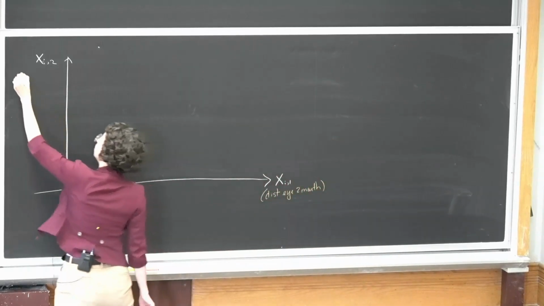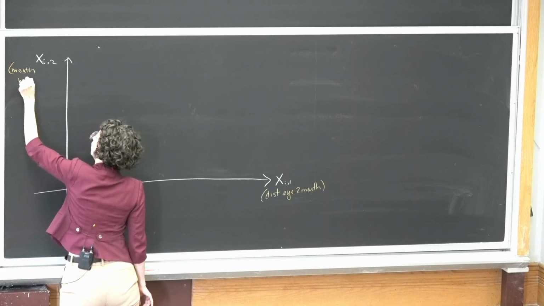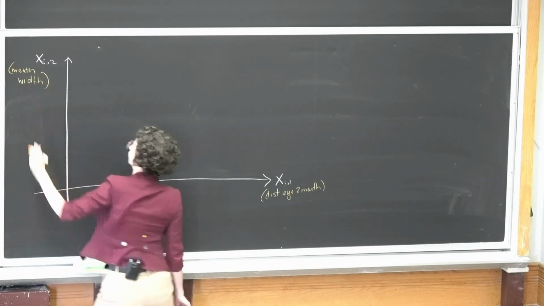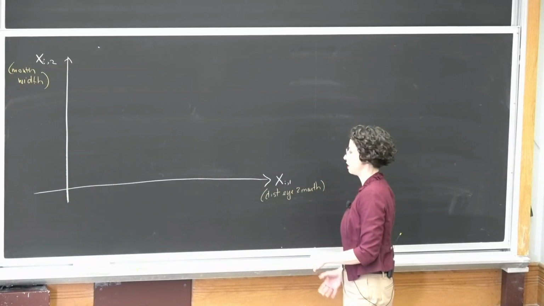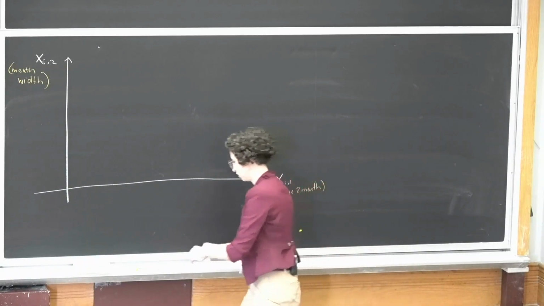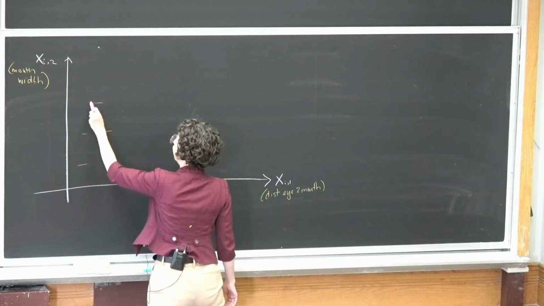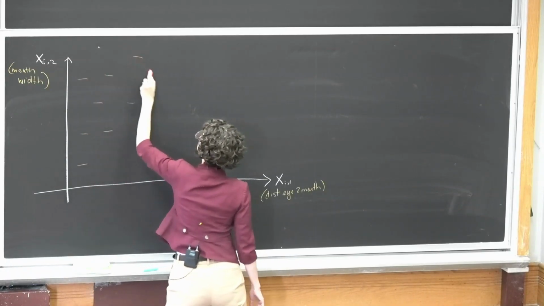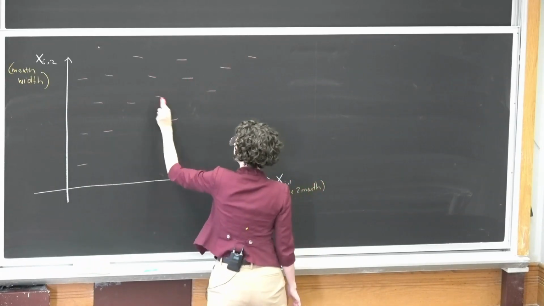And this one could be mouth width. Okay. And then we can plot our training samples. And so we might have a whole bunch of examples where the person is not smiling.